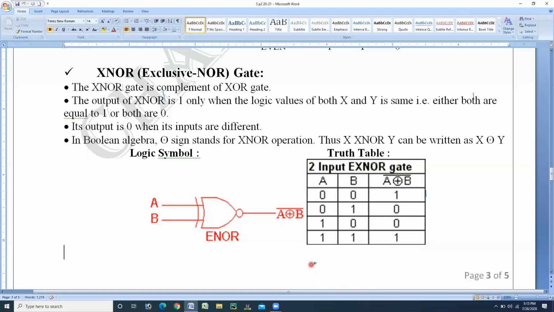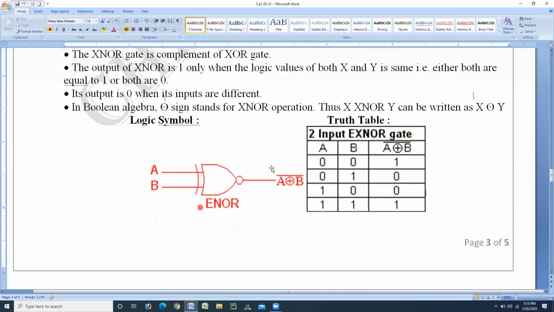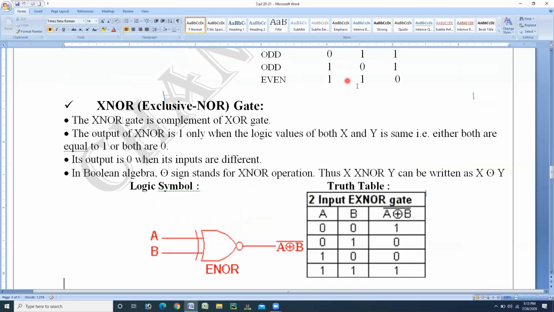Last input you can check out. Both the inputs are 1, 1. A is 1, B is 1. That 1, 1 are the input for OR gate. Then 1 plus 1 is 1. Right? You can check in the exclusive OR. If both the inputs are 1, 1, output should be 0.